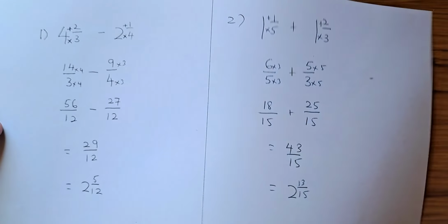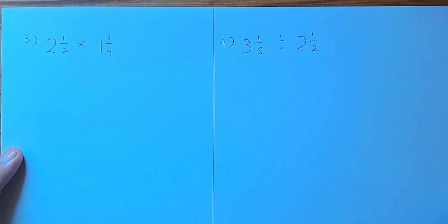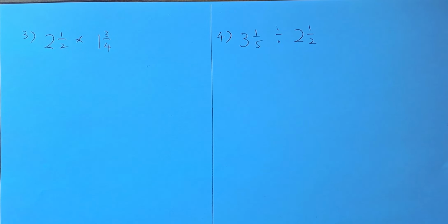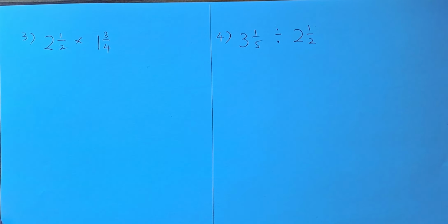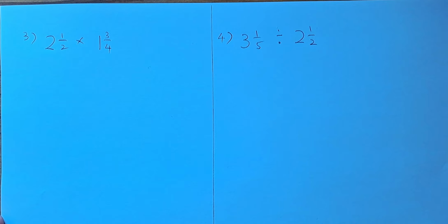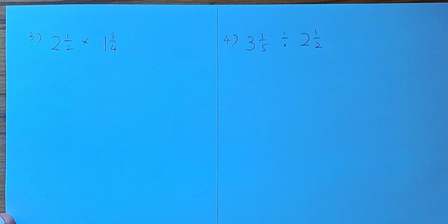Now we're going to do some multiplication and division. Multiplication and division look like this. 2 1/2 multiplied by 1 3/4.